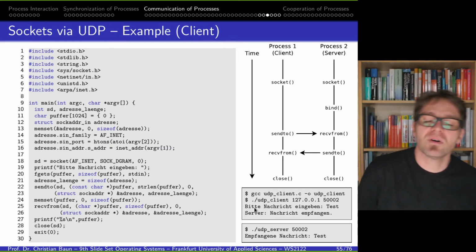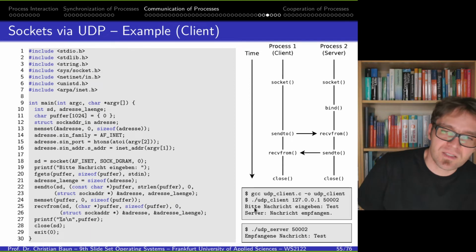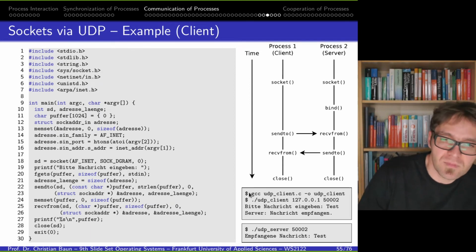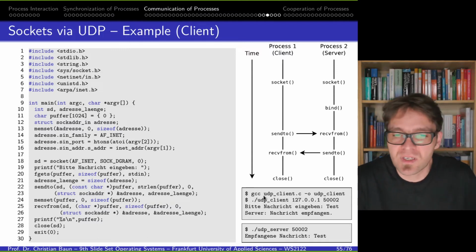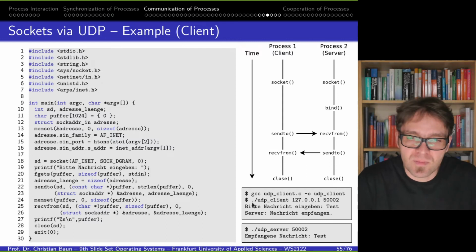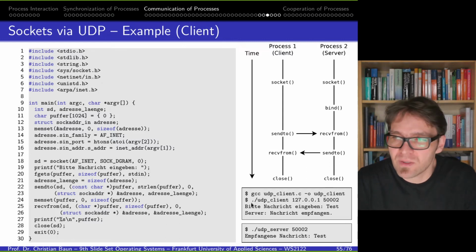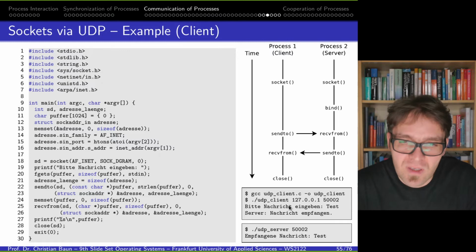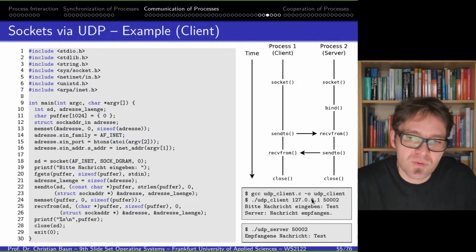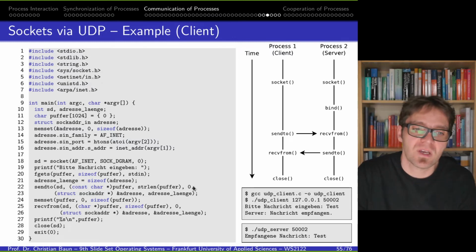And again, on the right half we can see what happens. First we compile the client with the GNU C compiler. We execute the file. We start the client process. We specify two command line parameters.